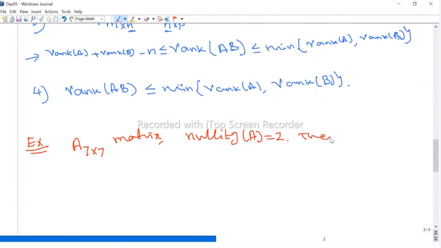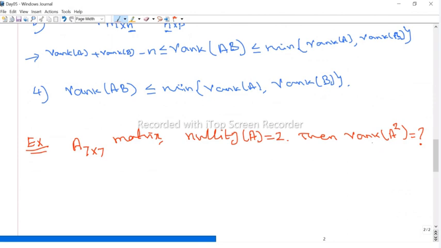Then what is the rank of A square, not A? So clearly we can say what is the rank of A? 5, sir. Yeah.